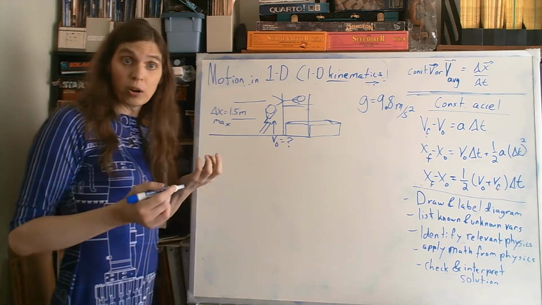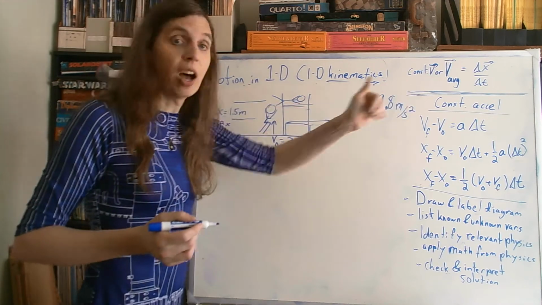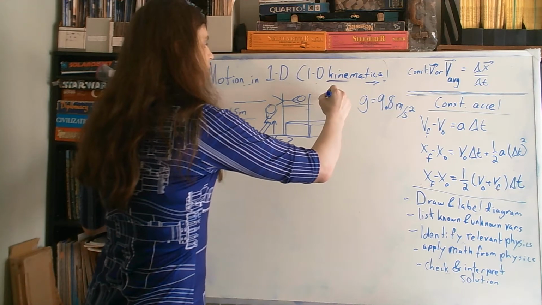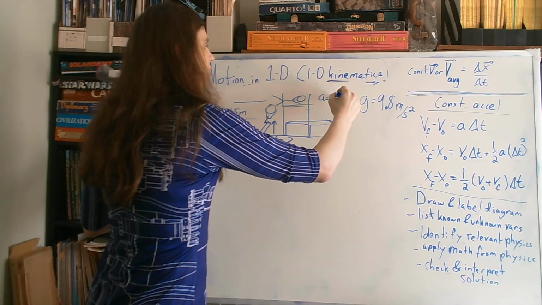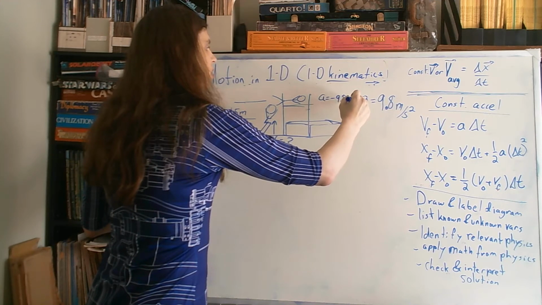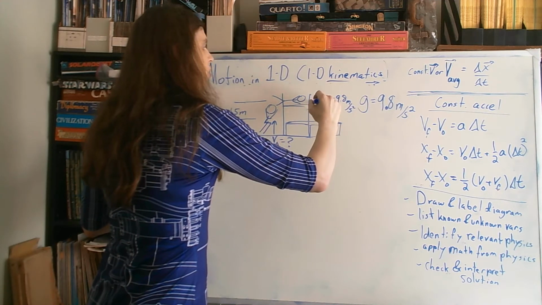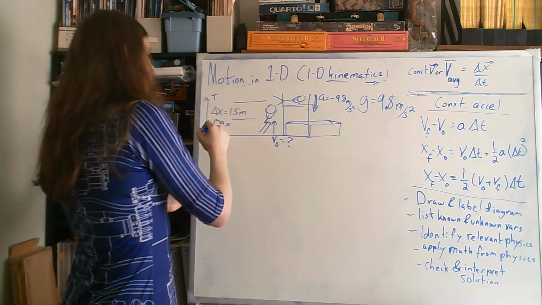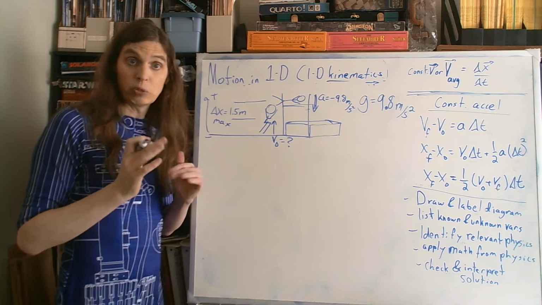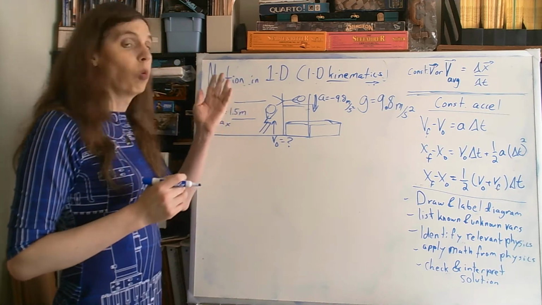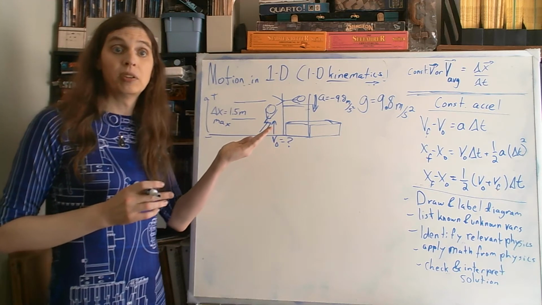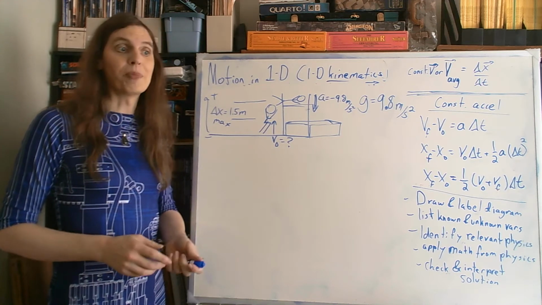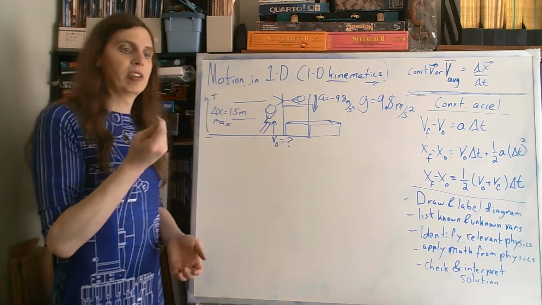First off, part of the physics involved here is that it's constant acceleration and it's free fall. So that means that our acceleration is going to be negative 9.8 meters per second squared. Our acceleration is down, and I'm choosing up to be positive, down to be negative in this problem. When you get to your highest point, you have to think about what that means. You throw something like a pen up in the air.